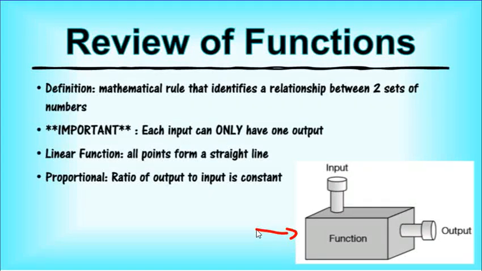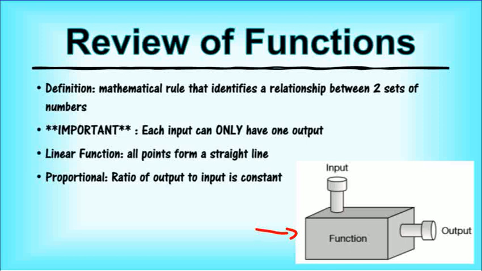And then we're going to look at today proportional. Proportional just means the ratio of the output to the input is constant. So there's a consistent slope when we're talking about slope-intercept form, or you can say that the rule is going to be your ratio.